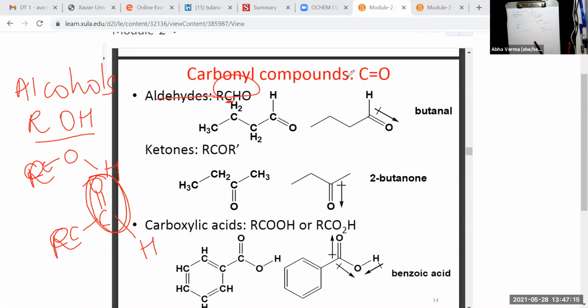So this is our R group, this is the C double bond O part, and this is your hydrogen. So your R or the alkyl can be anything, right? Any of the hydrocarbons with 1 hydrogen missing.